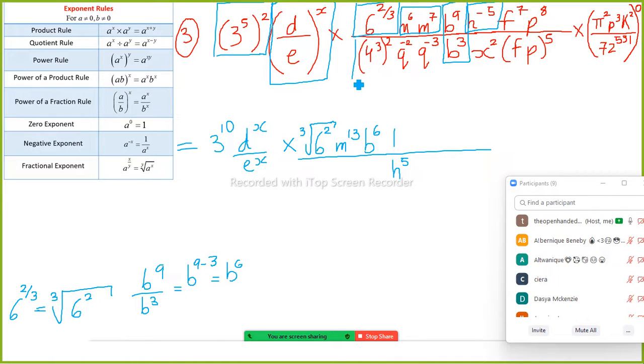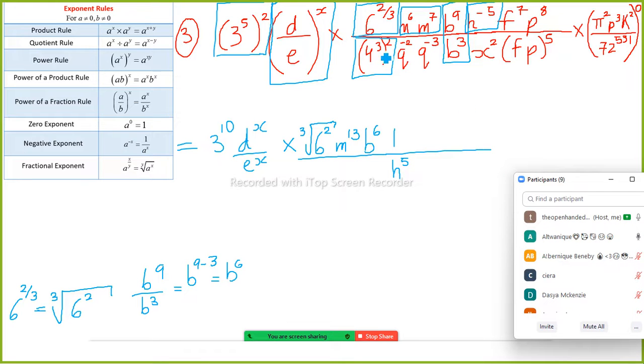Albernic, what do we do with 4 to the 3rd power all the way to the 2nd? Put 4 and then put 6 at top. Very good. 4 to the 6th power.